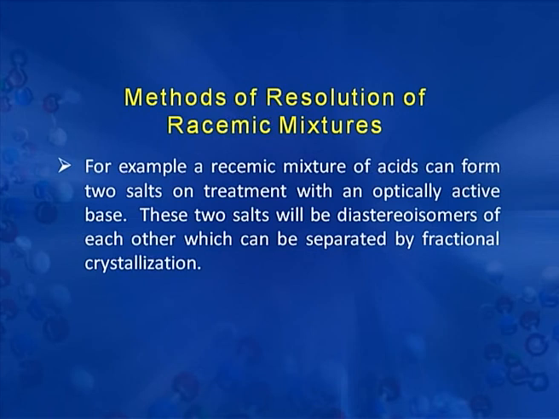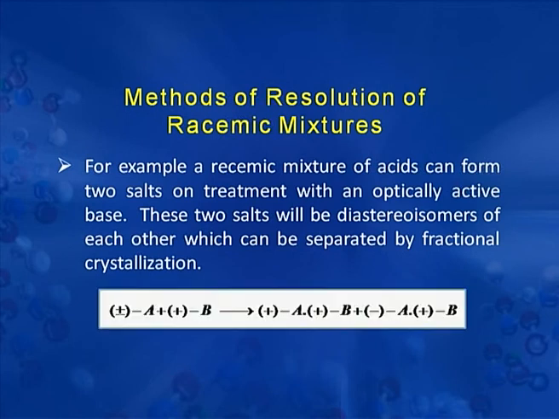Suppose we have an acid which is present as a racemic mixture. We add a base of one of the enantiomers, that is either dextro or levorotatory. This base will form a salt with this acid and we will get two salts. One will be plus acid plus base and another will be minus acid plus base. Now, these two salts are diastereoisomers and they have different solubilities, different crystallization, and they can be separated.